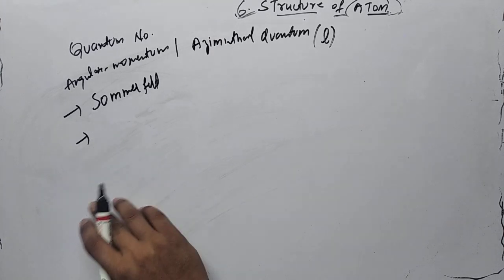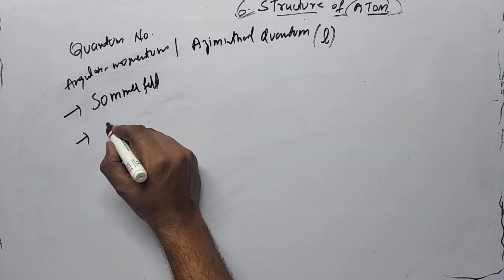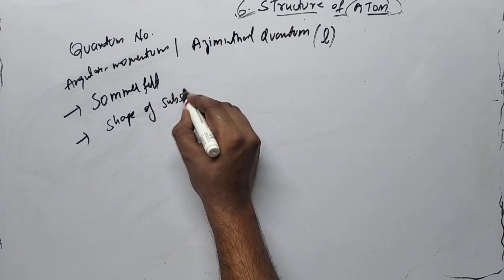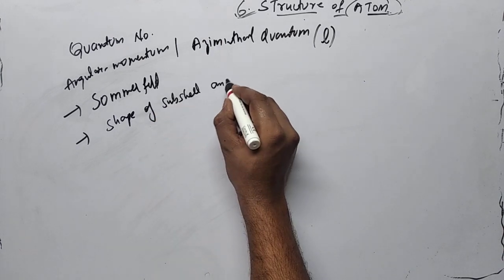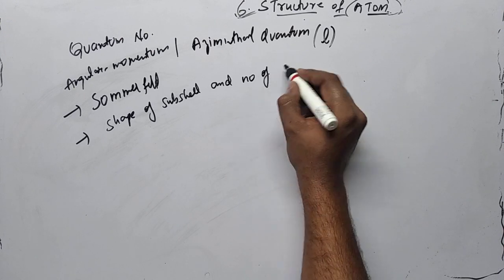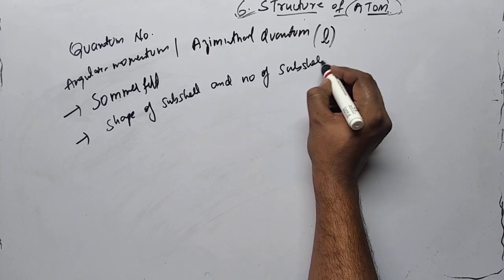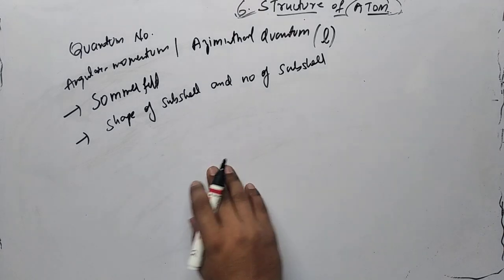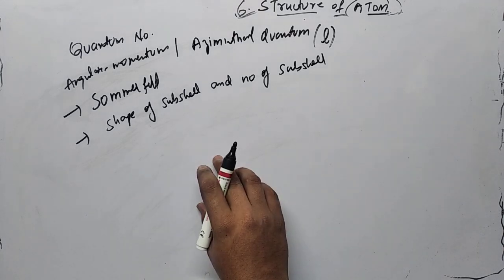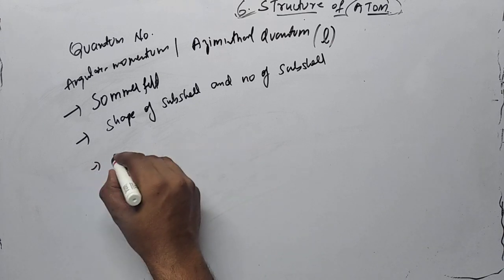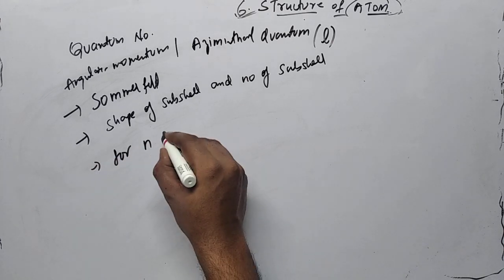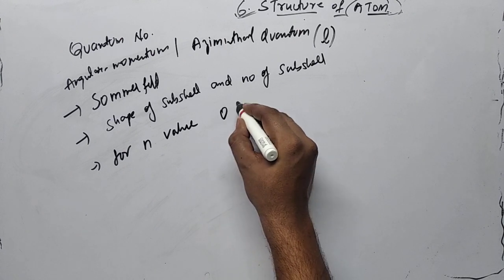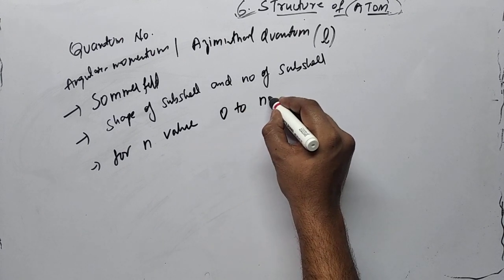So this quantum number will give you the information related to the shape of subshells and the number of subshells. The values will be denoted with the help of n. For a given n value, there will be l values from 0 to n minus 1.